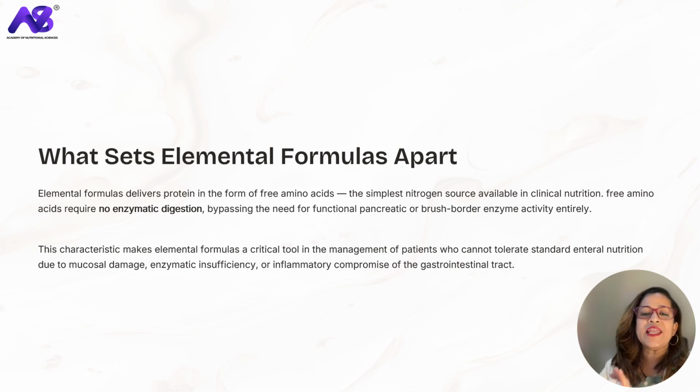This characteristic makes these formulas a critical tool in managing patients who cannot tolerate standard enteral nutrition due to mucosal damage, an enzymatic insufficiency, or inflammation that has compromised the gastrointestinal tract.